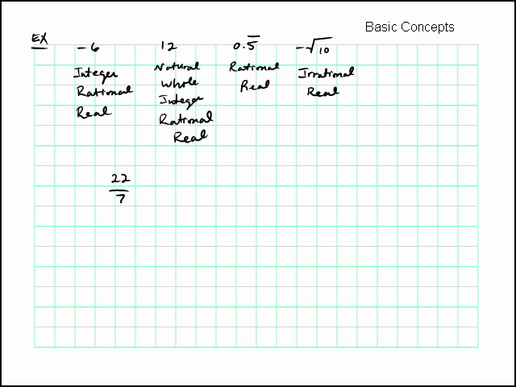And so that makes that a rational number and a real number. 3.87, that is a terminating decimal, and so it is a rational number. All terminating decimals are rational, and it is also a real number. So everything that we're dealing with now is a real number.